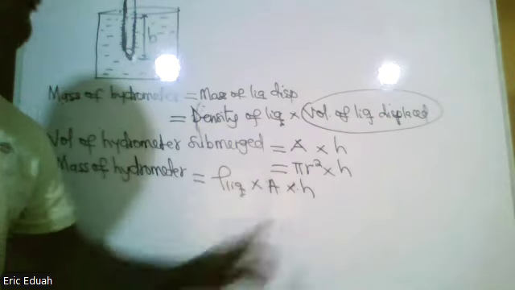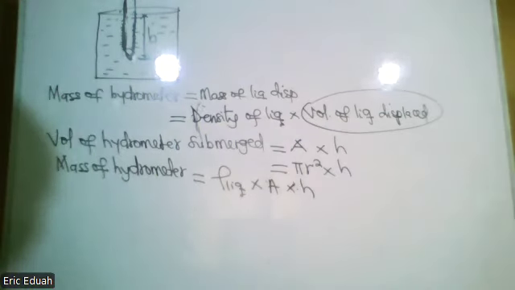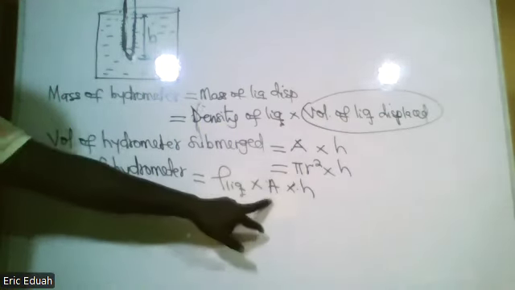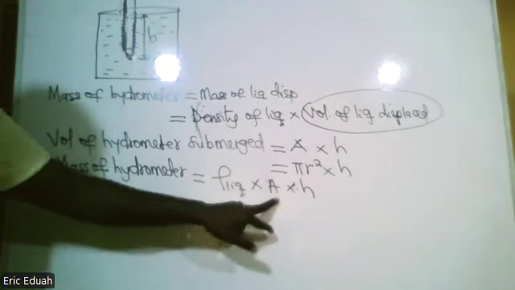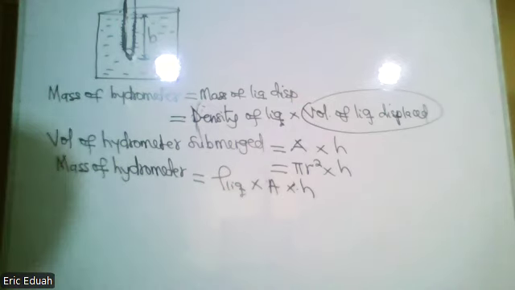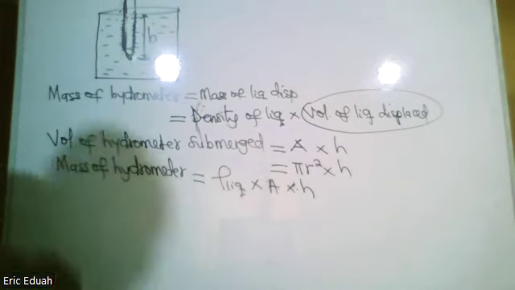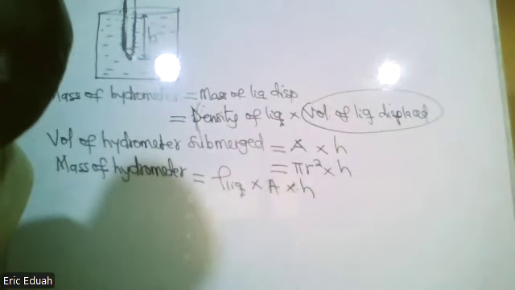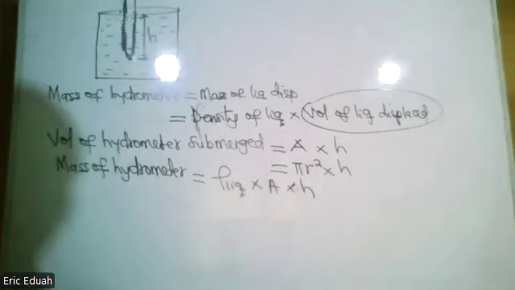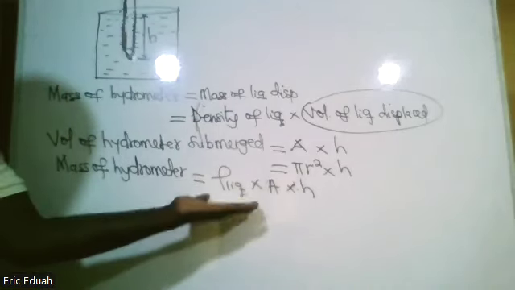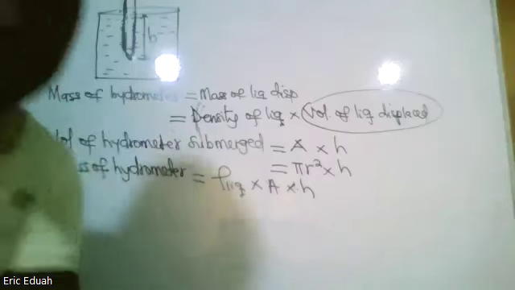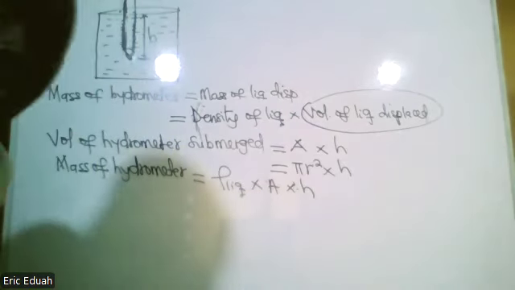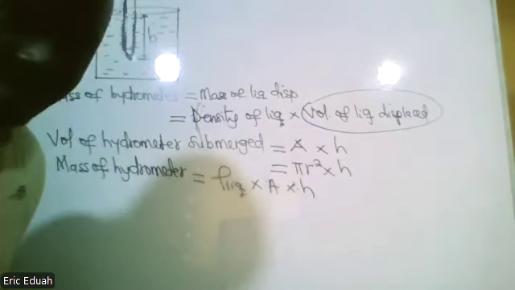All that they are saying is that find H. Sometimes you can be asked to find the cross-sectional area of the hydrometer, A, or radius. So all that I'm saying is that when you understand this concept, that is what will help you in solving questions under hydro, because it's basically this. Sometimes the liquid's relative density will be given.